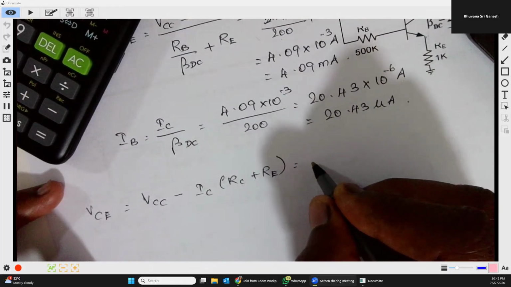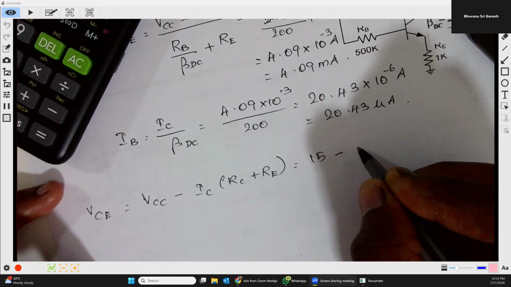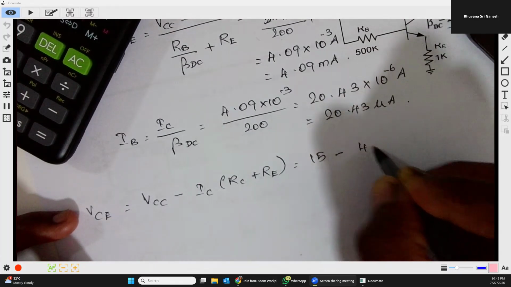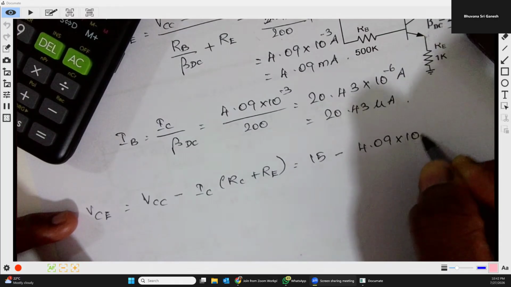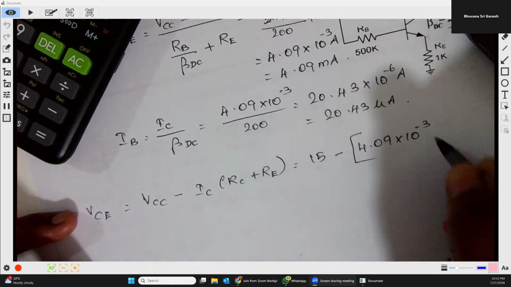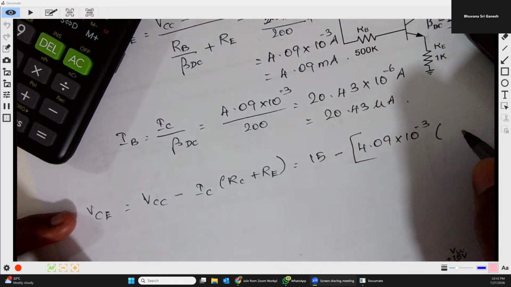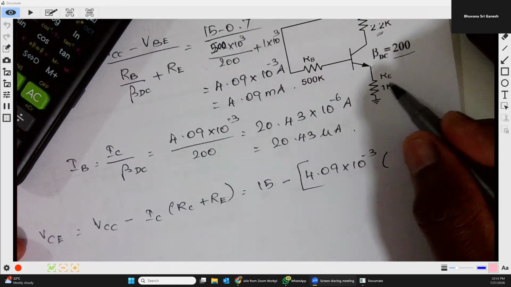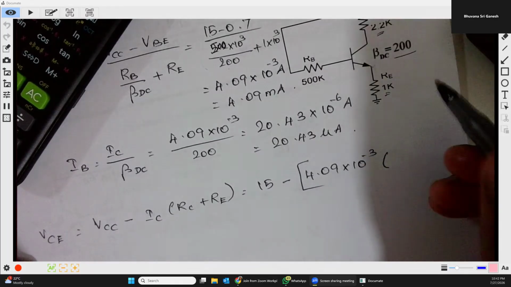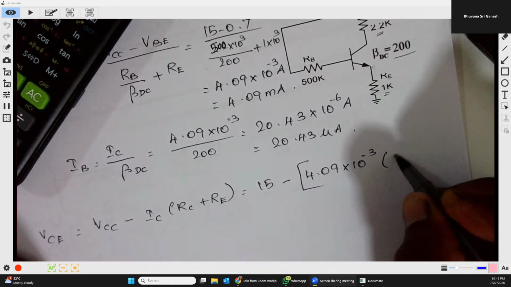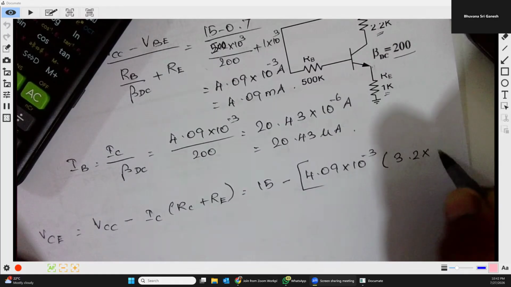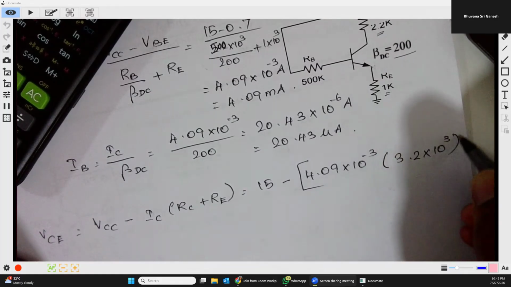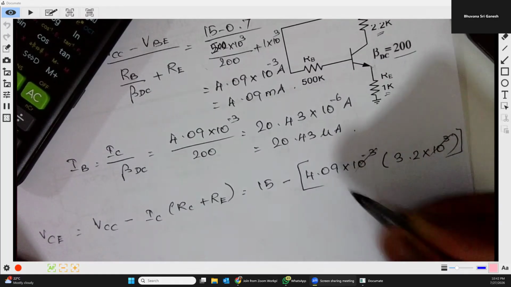VCC is 15 volts in this problem, minus IC is 4.09 times 10 power negative 3, times RC, which is here 2.2 kilo ohm, and RE is 1 kilo ohm. So 2.2 plus 1, 3.2 kilo ohms, 10 power positive 3. So these two will get cancelled.